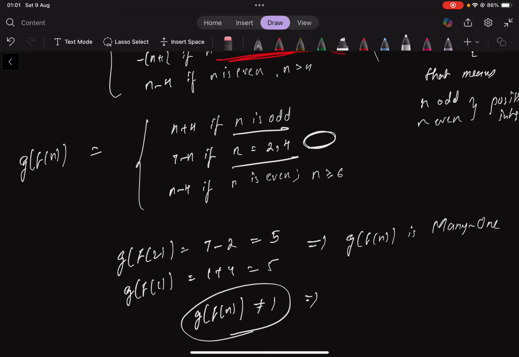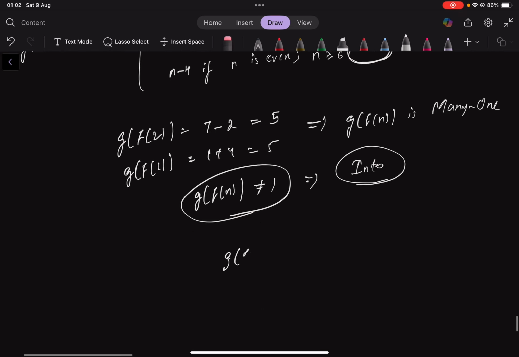In this case the least is 3, in this case the least itself is 5, and in this case the least is 2. So we are not reaching 1 at any point of time. So that means it is into. So g of f of n is not one-one and not onto.